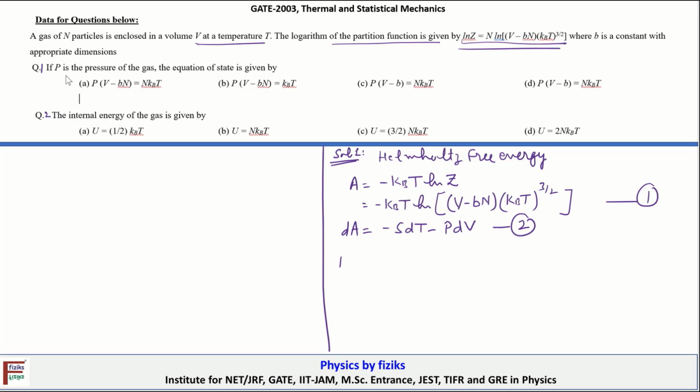Okay, so from here we can calculate P, that is equal to minus dA upon dV, keeping T constant.